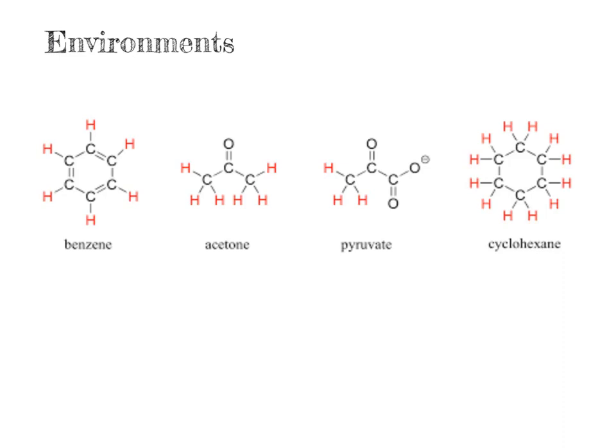Equally, it depends on what else is nearby. If you have got electronegative atoms, then the opposite happens. If we have a look on the left here, we've got carbon and the hydrogen has some bonding electrons. These electrons are going to reduce the magnetic field experienced by this hydrogen nucleus. On the other side, we've got an electronegative atom here.